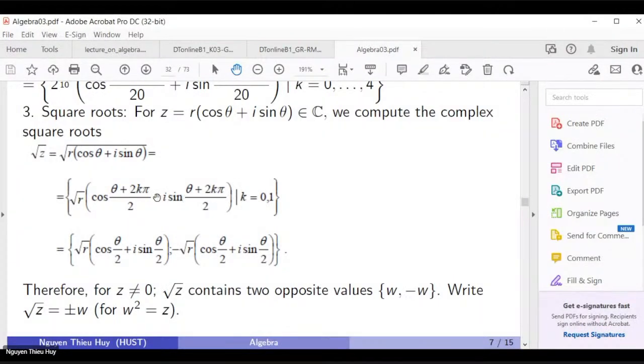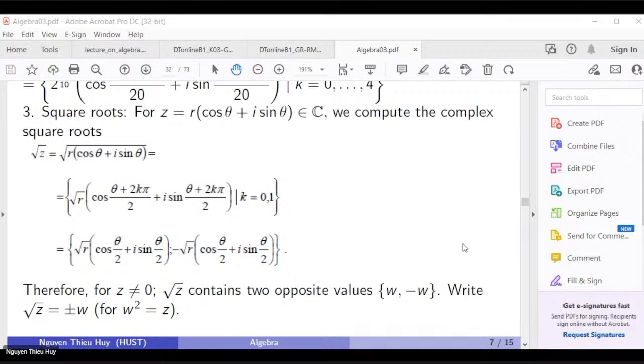Can you see that this value is just the minus of the first value? Let me explain. The second value, corresponding to k equal 1, is just the minus of the first value. Let me explain why this is such a nice result.